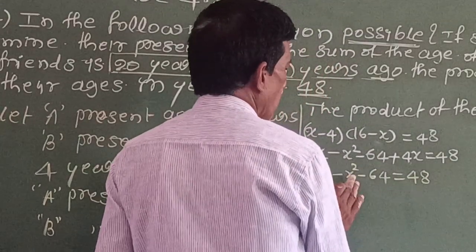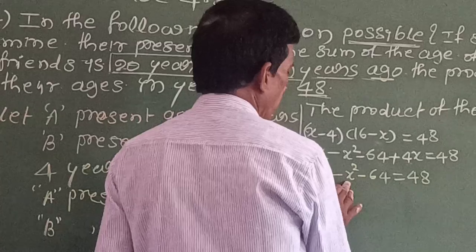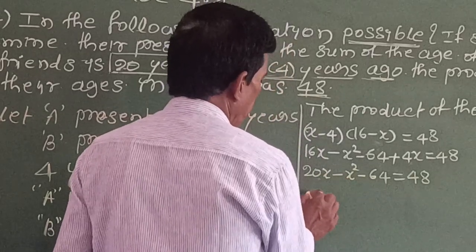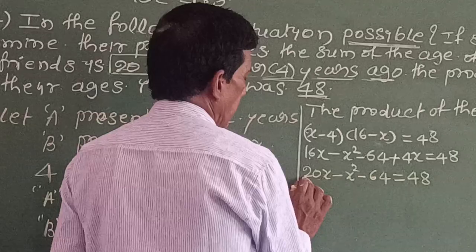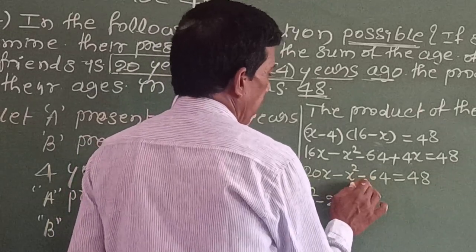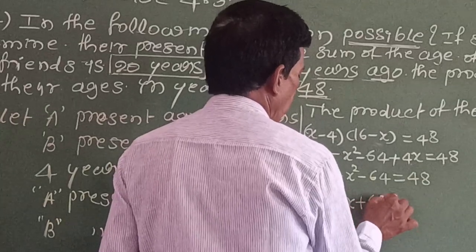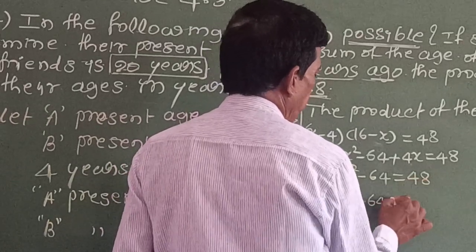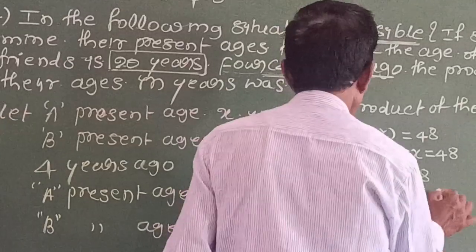That point shows the change, because X square is a positive number. So therefore, plus 20X transfers to minus 20X, and minus 64 transfers to plus 64, and plus 48 equal to 0.